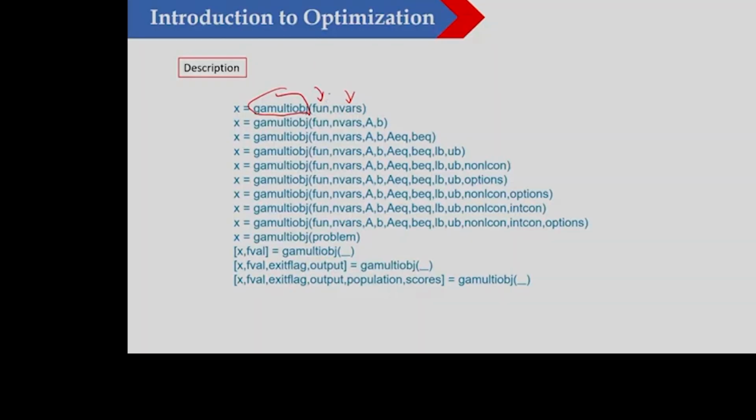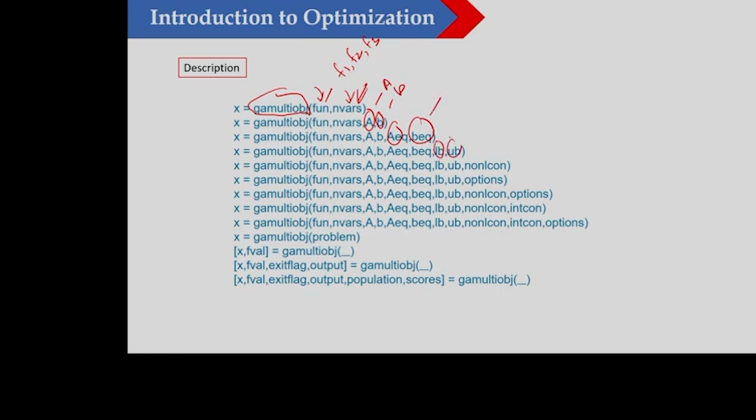So in the function, you have to define the objective functions. Suppose you have two objective functions, then you define f1 and f2. If you have three, then I will define f3. Then I have to define the number of variables. If you have an inequality linear constraint, then you define A and B, and if you have an equality linear constraint, then also you can define it.